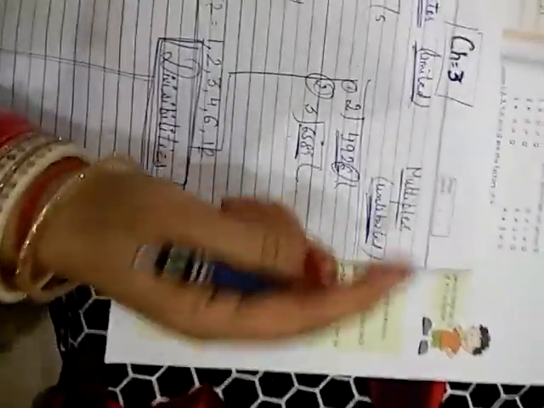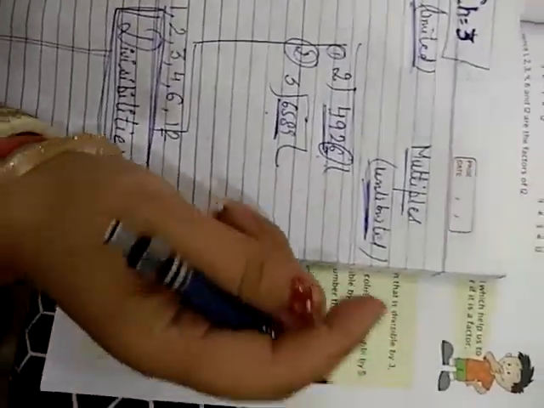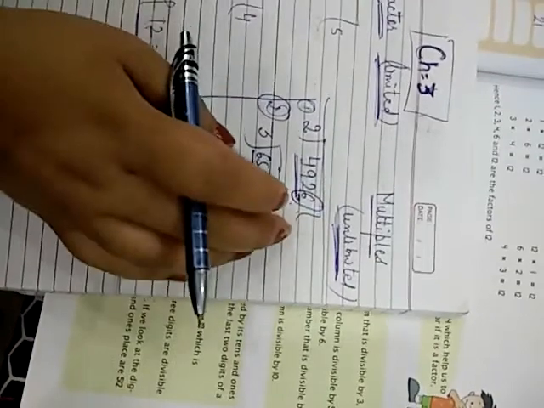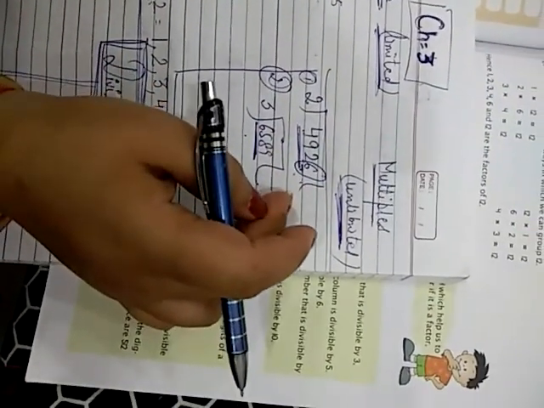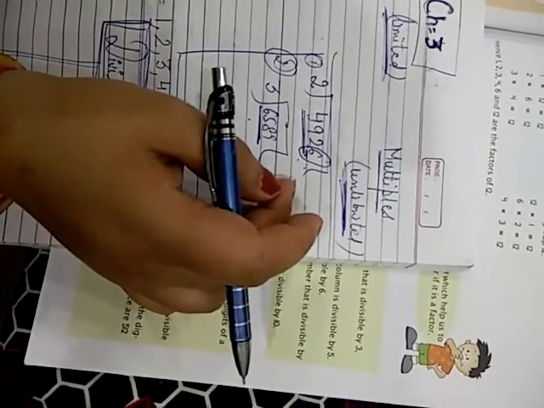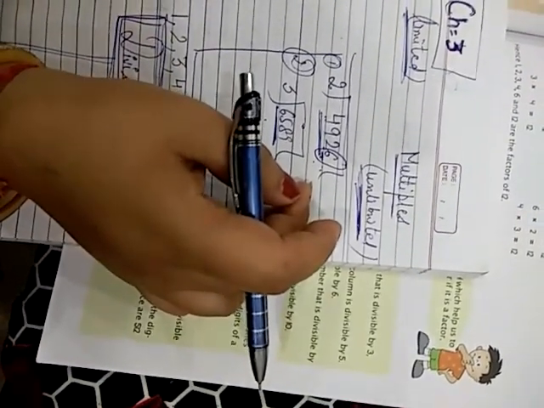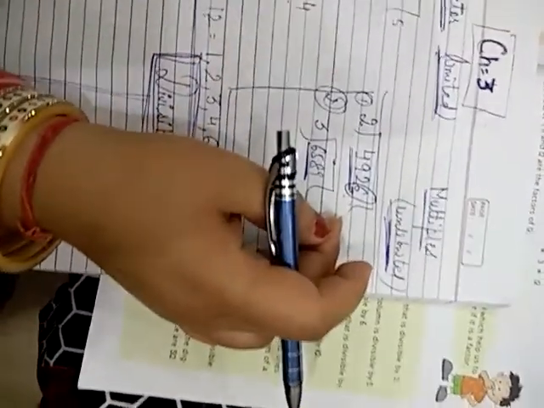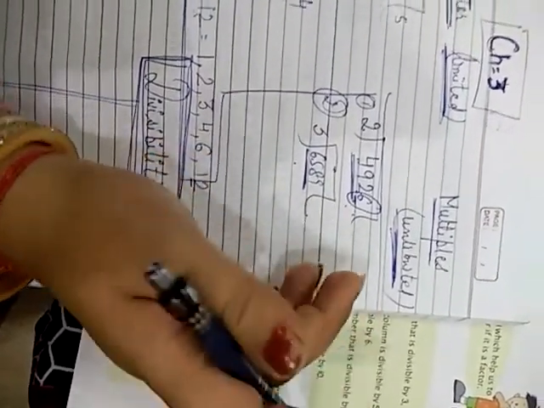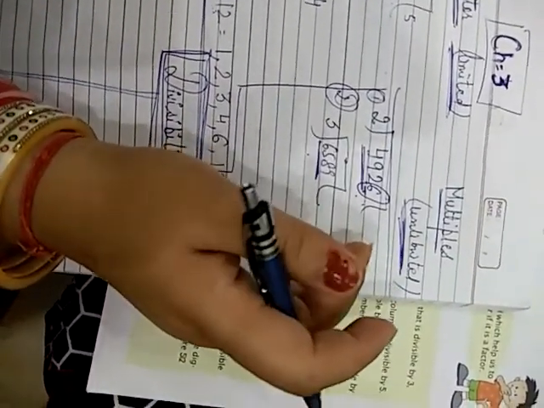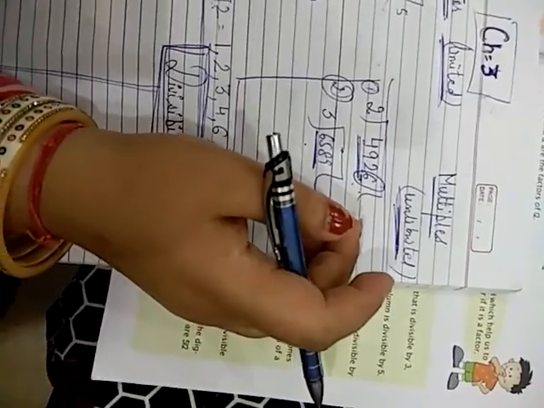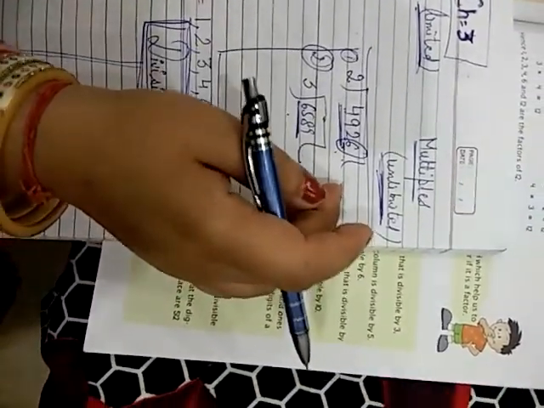I am telling you one more divisibility rule of 2. That is, if the number ends with 0, 2, 4, 6 and 8, then the number is divisible by 2, otherwise not. These all are even numbers. Clear?